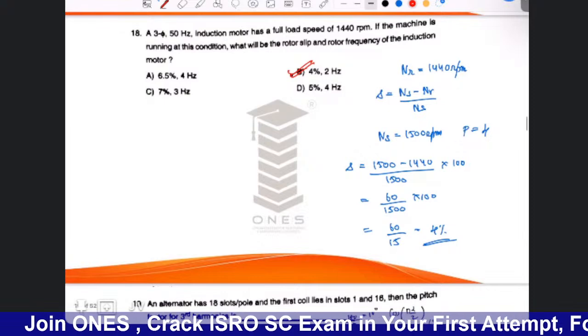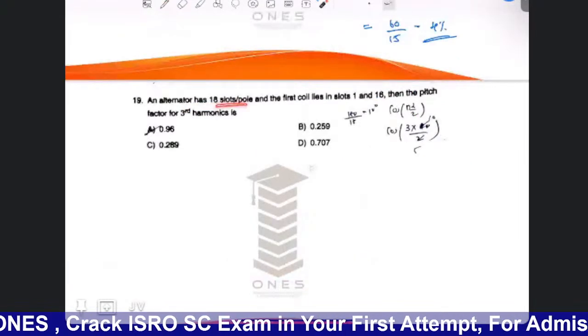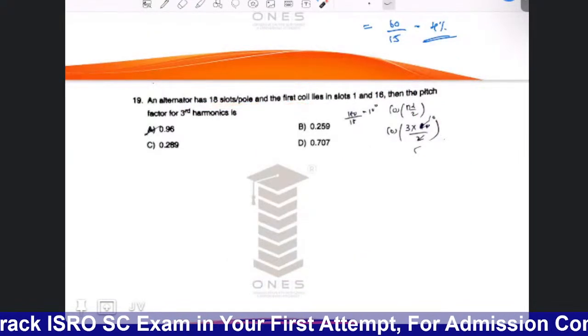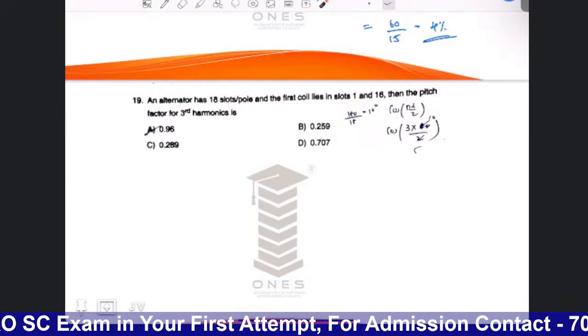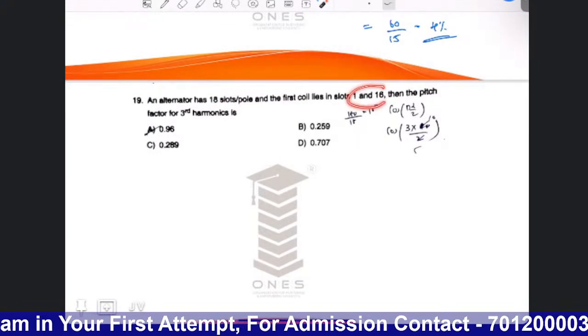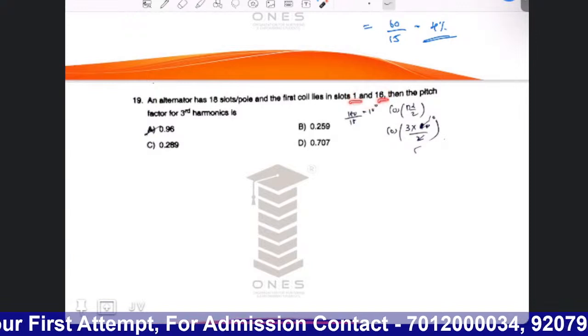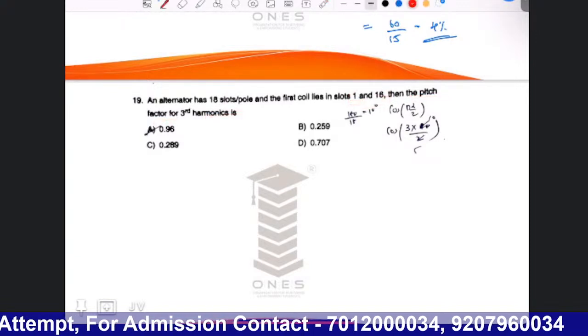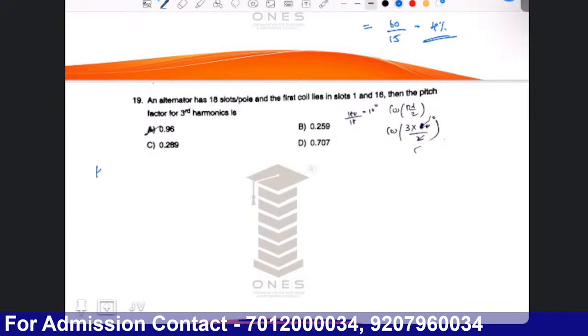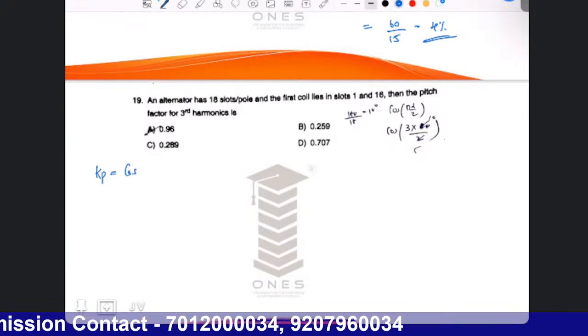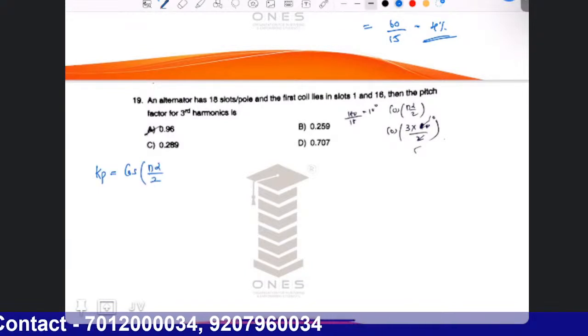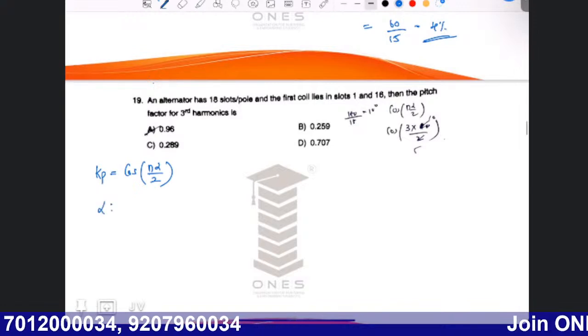19. An alternator has 18 slots per pole and the first coil lies in slot 1 and 16. Then the pitch factor for third harmonic is, we know pitch factor Kp is what? Cos n alpha by 2. And what is alpha?